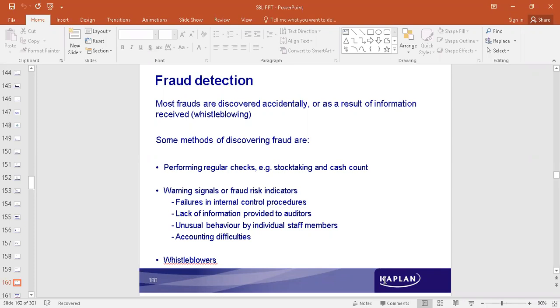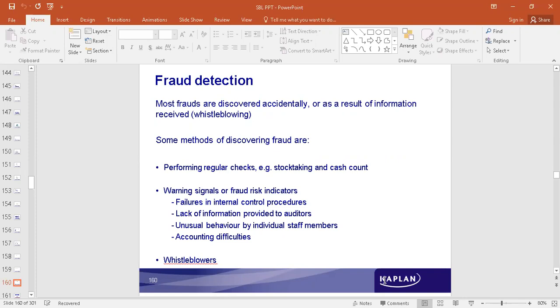Then unusual behavior by individual staff members, if it is observed, can be taken as a warning signal. And if there are accounting difficulties, if it's not transparent enough, that also should be taken as a warning signal about some fraud happening in the organization. Already I did explain to you the concept of whistleblowers.